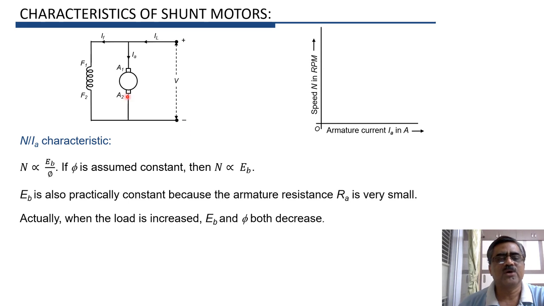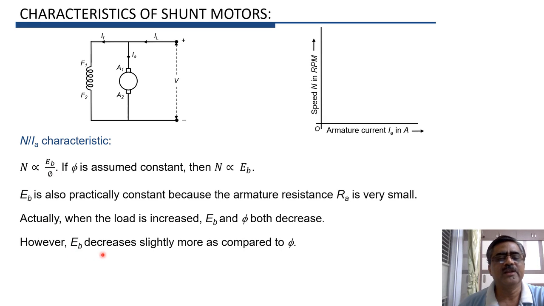Actually, in case of DC shunt motor, when we increase the load, we have seen that EB decreases. At the same time, flux phi also decreases due to increased armature reaction. Now, if EB decreases, N decreases, whereas if phi decreases, N increases.